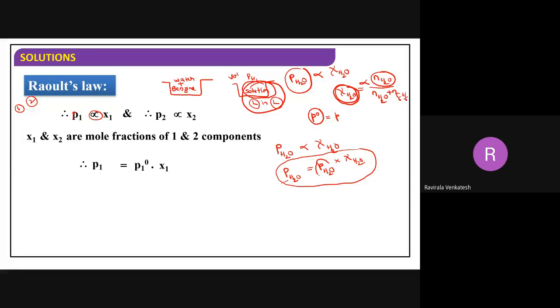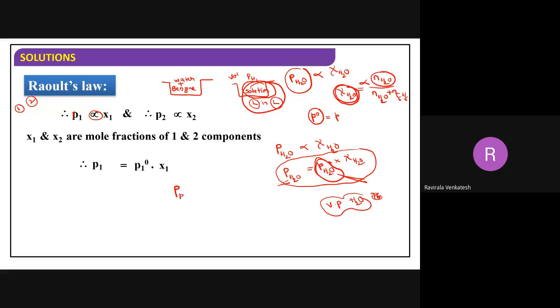This will always be constant with respect to temperature, because I told you in Raoult's law, the temperature must be constant. So understood here, the vapor pressure of pure water always will be constant, beta. It never changes. For example, 1 atmosphere, 760, just imagine that. It's a constant value. By taking the reference like this, we are calculating the partial pressure. For example, benzene.